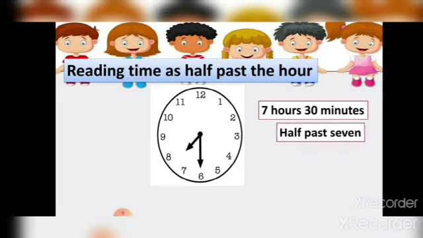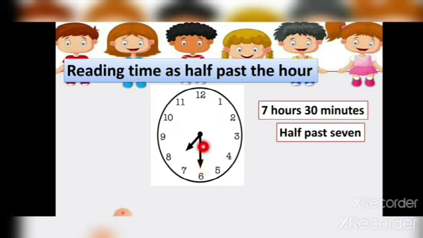Now look carefully again. The minute hand is on 6, right? Whenever the minute hand is on 6, that is, the long hand is on 6, that means it is half past.